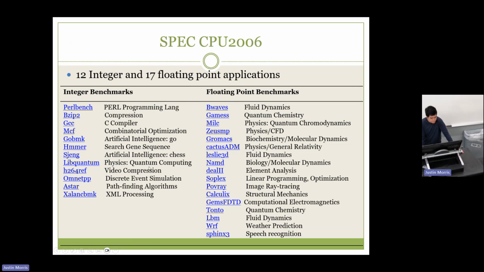They have a quantum computing benchmark, video compression. So all of these are strictly integer though. And then they have this whole set of floating point applications as well. So fluid dynamic simulation, there are 2 fluid dynamic simulations, and then quantum computing, all of these things. And SPEC after 2010, they are also releasing GPU benchmarks.